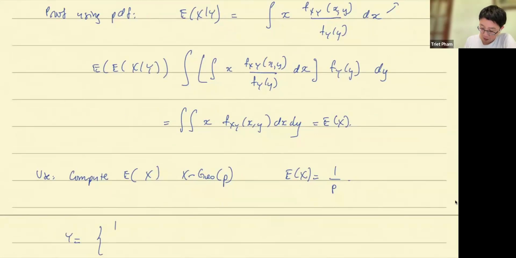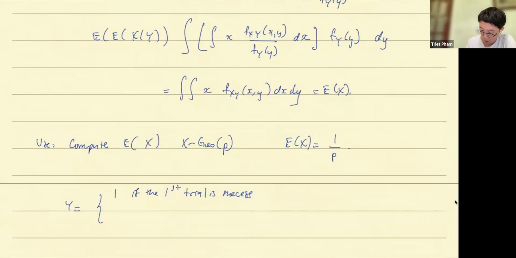So Y will be 1 if the first trial is successful, and 0 otherwise. Remember, a geometric is the number of trials until the first success.